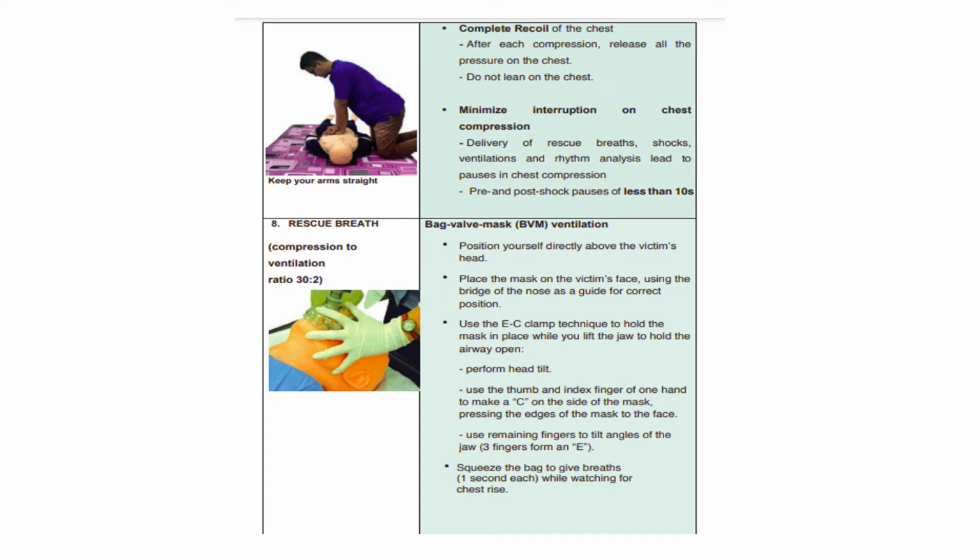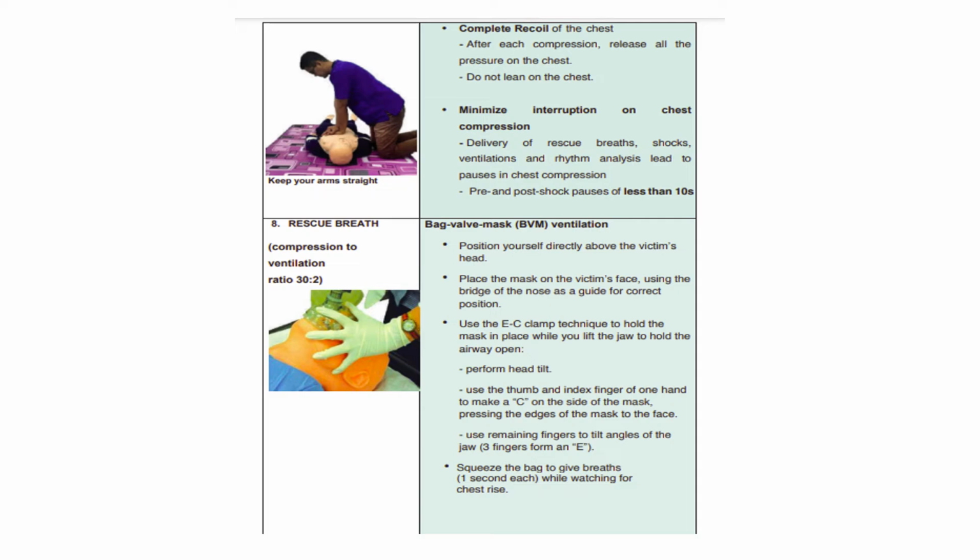If you are using bag valve mask ventilation, or BVM, you should position yourself directly above the victim's head. Place the mask on the victim's face using the bridge of the nose as a guide for correct positioning. Use the EC clamp technique to hold the mask in place while you lift the jaw to hold the airway open.